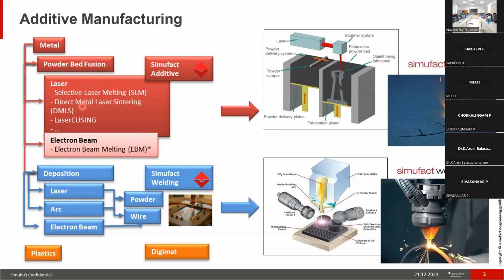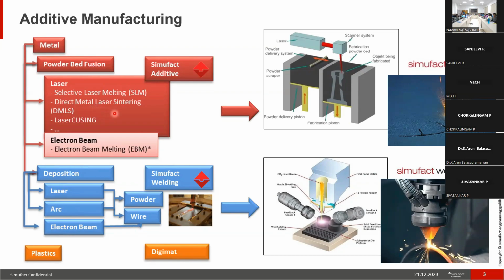Some machines are known as EBM, electron beam melting machines, where they use an electron beam to melt the metal powder. These are very rare. Most of the time, we use laser-based technologies.